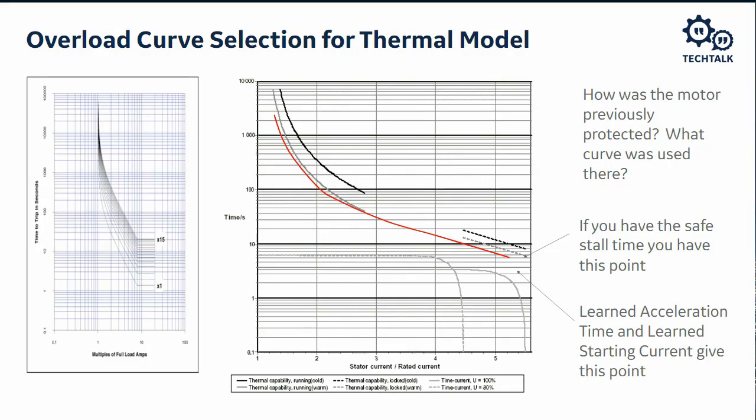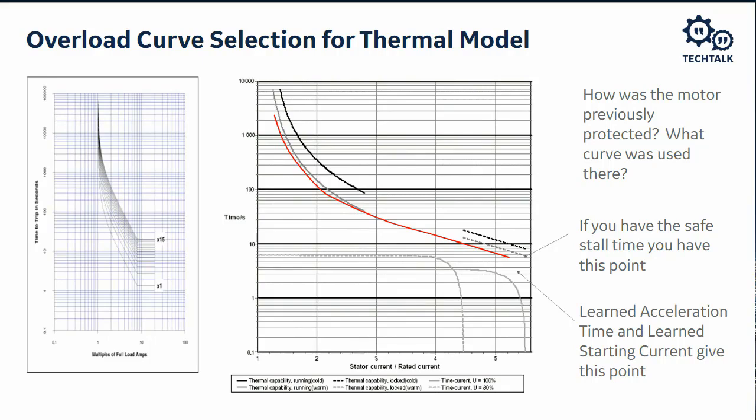Now, the next question becomes, what do I do if I don't have that safe stall time, and I don't have that point that I've identified there? Well, one of the things we could do is put some settings into the relay and start the motor a few times. Inside of the 869 and the 859, there's a records section, and then there is start statistics.